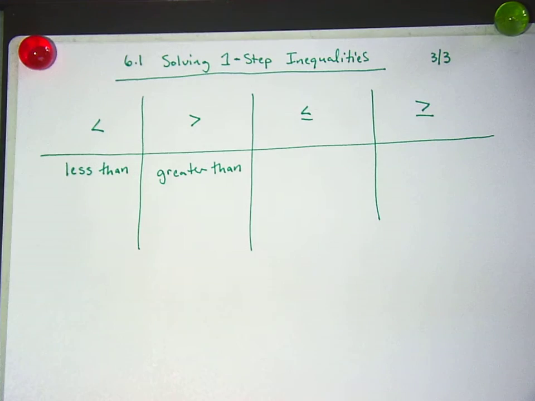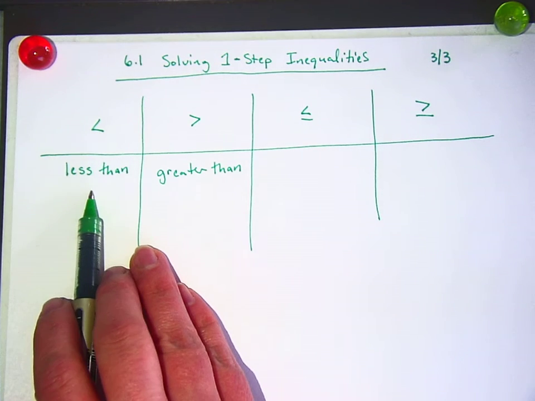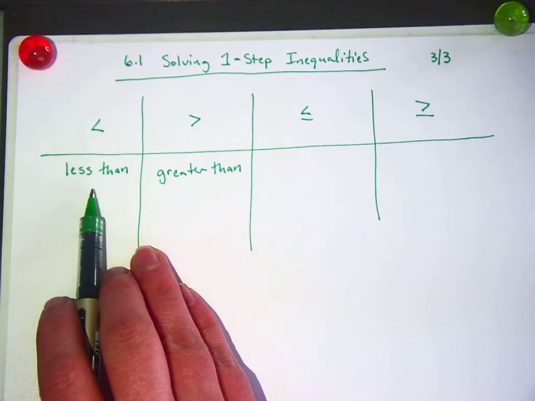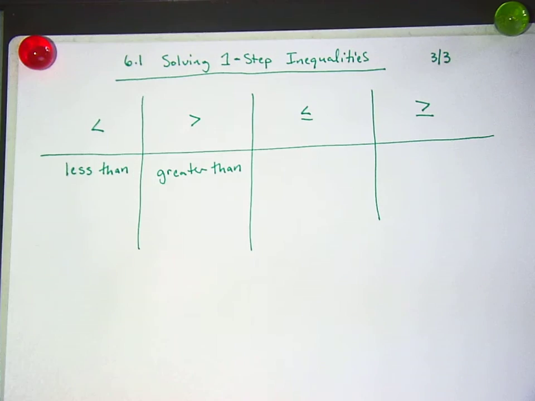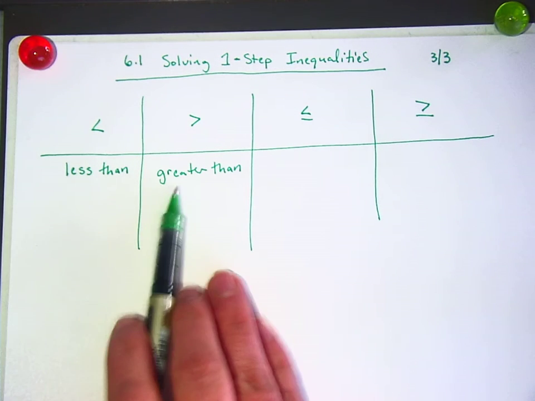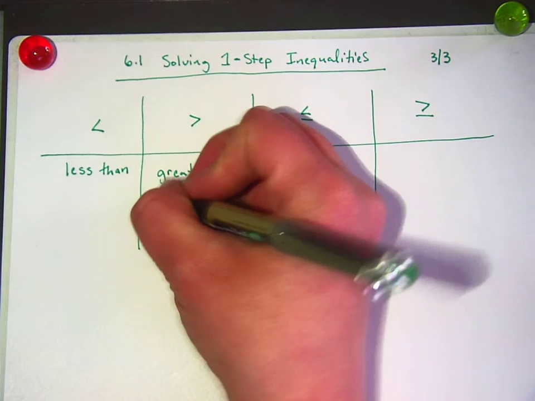Okay. What's another word for less than? Like another word that would be in a story problem that isn't less than. Nobody think of one? Lesser. Try a different one then. What's a different one than greater than? Anybody think of one? More than.